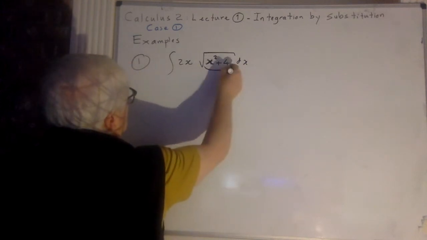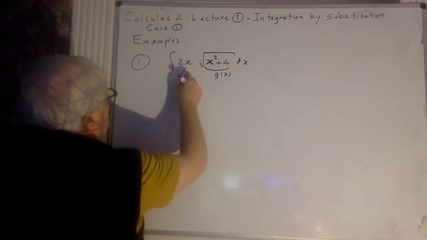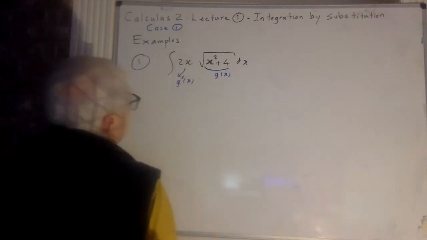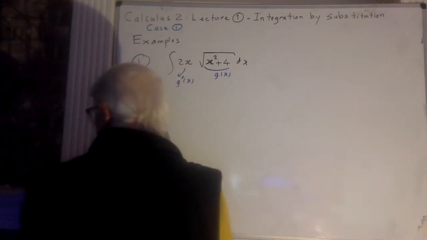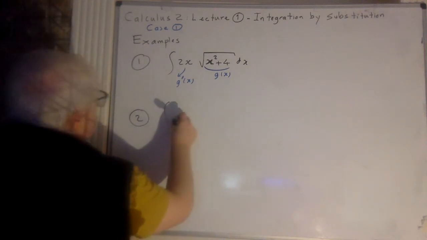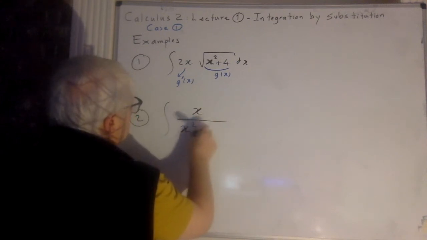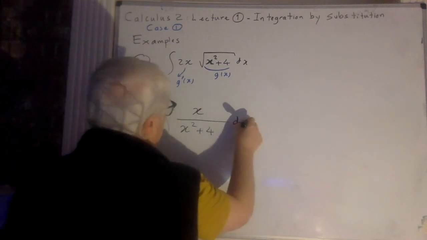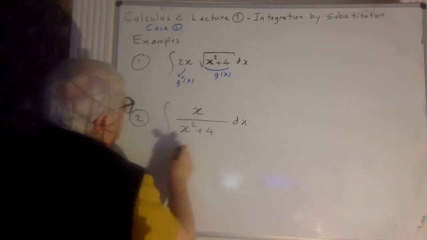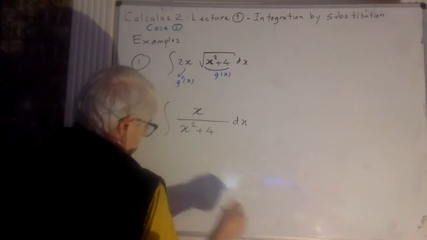This is exactly g(x), and this is exactly g prime x. Number 2, let's write it like this: x over x squared plus 4. Then I can see that the same g(x) is here.